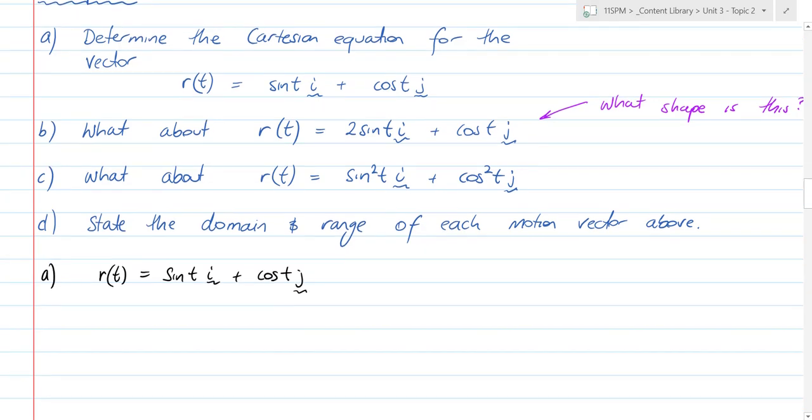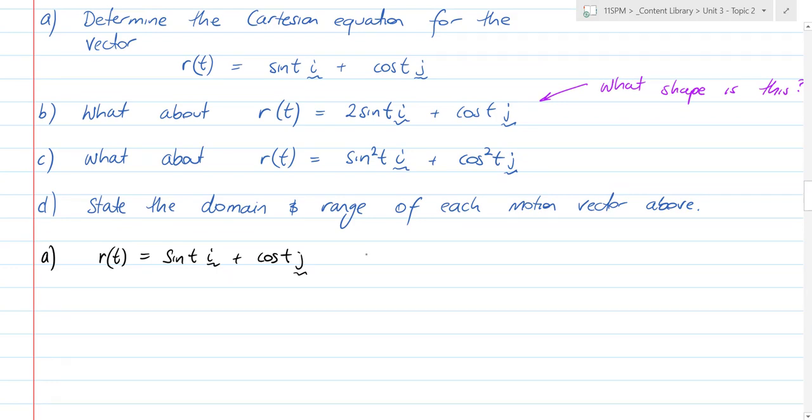So what's the first step I'm going to take here? So x equals sin t and y equals cos t. Now, how am I going to eliminate t? t equals inverse sine x, and then therefore y equals cos of inverse sine of x.